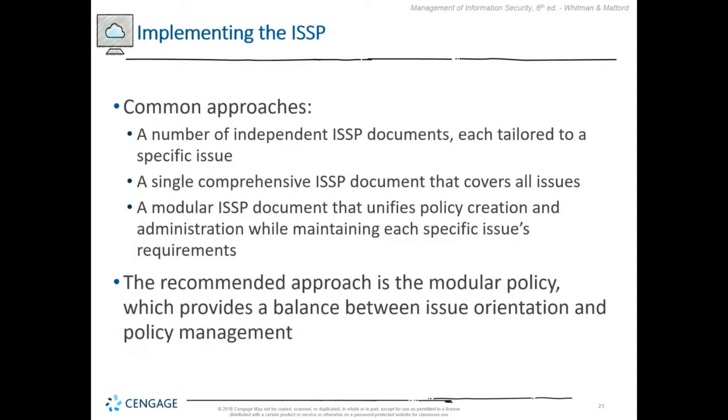Now, when you implement the ISSP, the three most common approaches for creating and managing it are to create a number of independent ISSP documents, each tailored to a specific issue, or you can create a comprehensive ISSP document that covers all the issues, or you can create a modular ISSP document, which unifies policy creation and administration while also maintaining each specific issue's requirements.